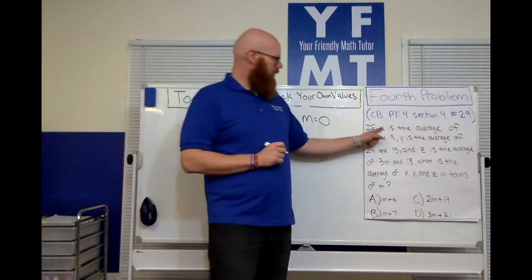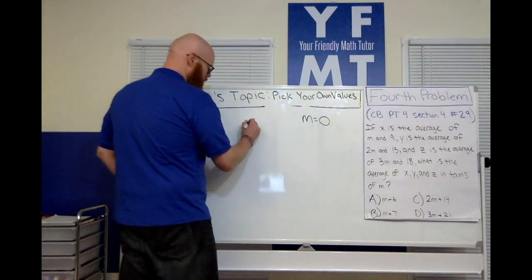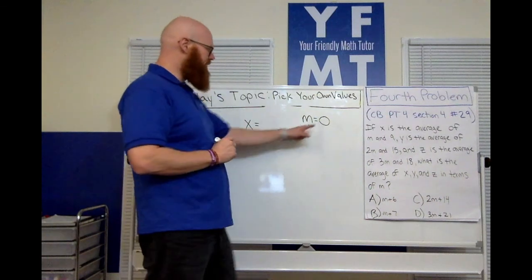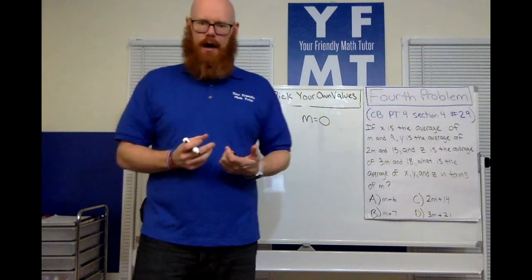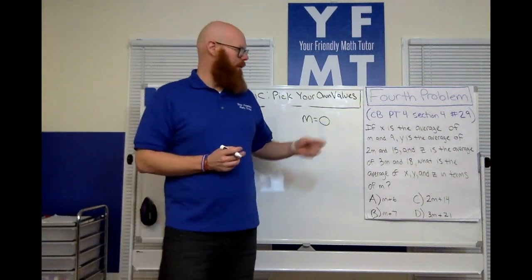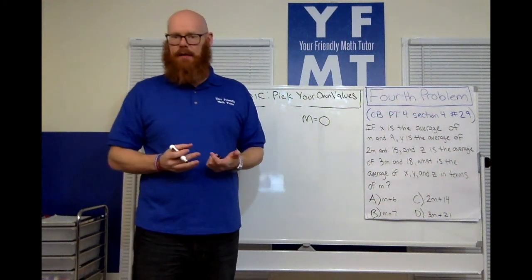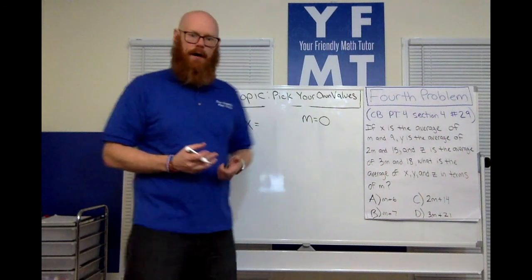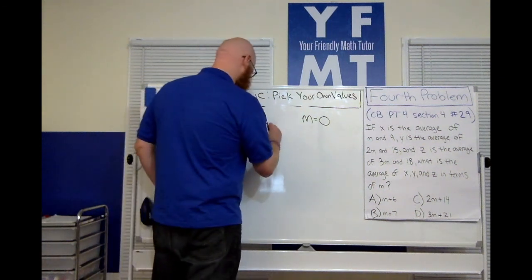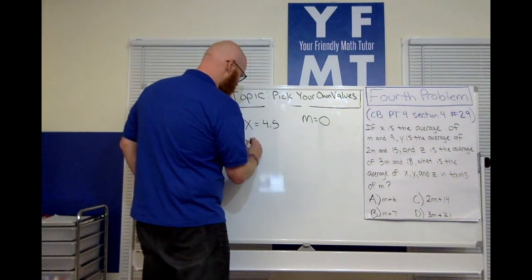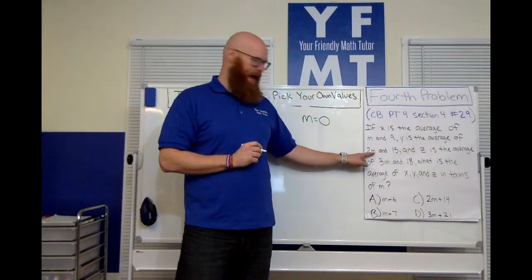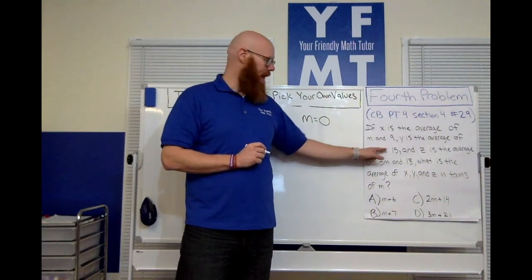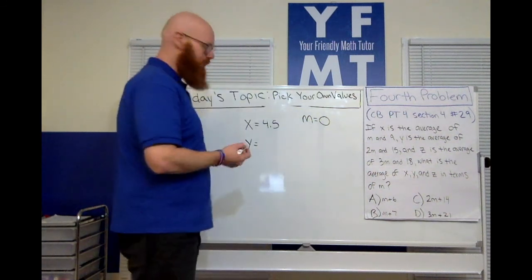So x is the average of 0 and 9. Well, the average of 0 and 9 is 0 plus 9 divided by 2, so that's going to give us 4.5. Y is the average of 2m, which is also 0, and 15, so that's 7.5.